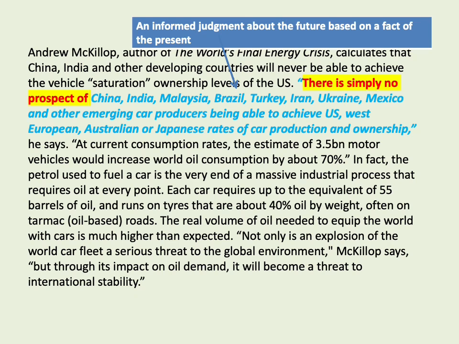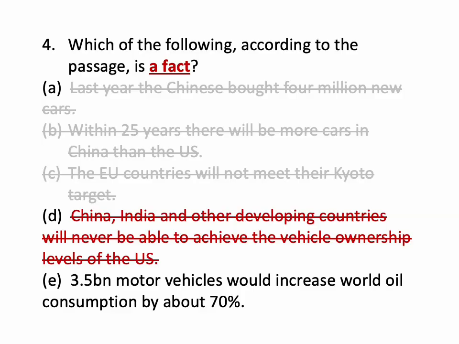Now, it's the data which is a fact, not his judgment derived from it. The contents of that cannot be given the status of fact, as another person might judge differently from the same data. And so we can cross D off of our list of options.